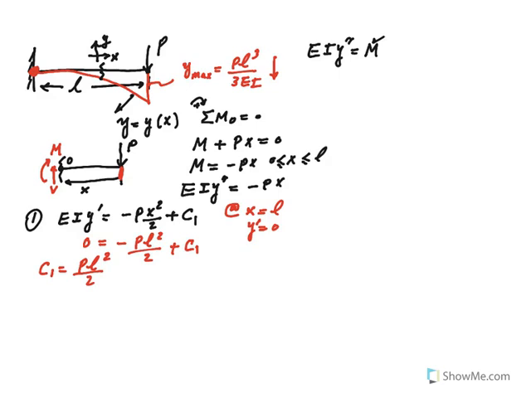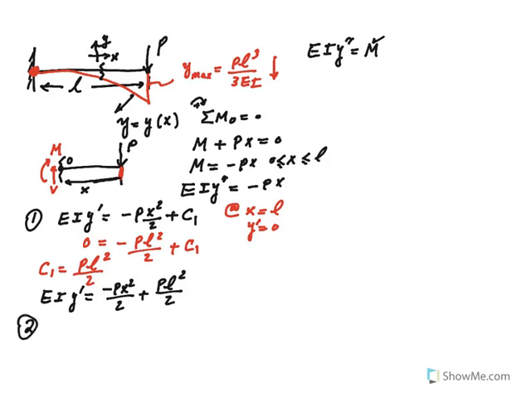So now the equation of our slope is EIy' equal minus Px squared over 2 plus PL squared over 2. That represents the slope of the elastic curve based on the x taken from this side.